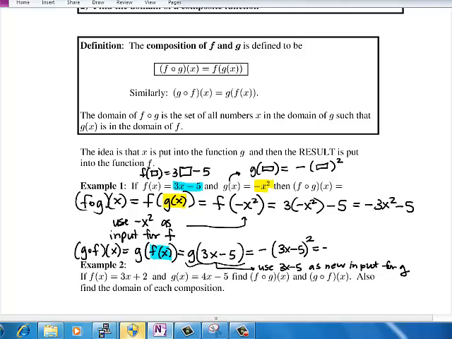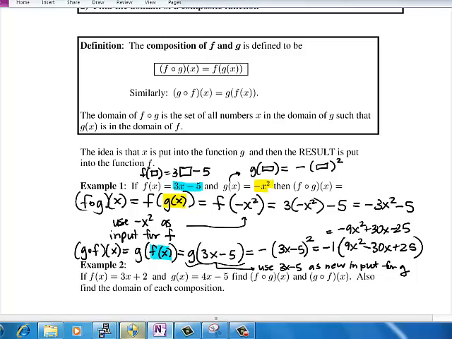Order of operations says that negative sign is really a multiplication by -1, but I would do the squaring first. So I'd have 9x squared minus 30x plus 25. If you need to FOIL that out, you can. Then multiply the whole thing by -1, which gives negative 9x squared plus 30x minus 25.